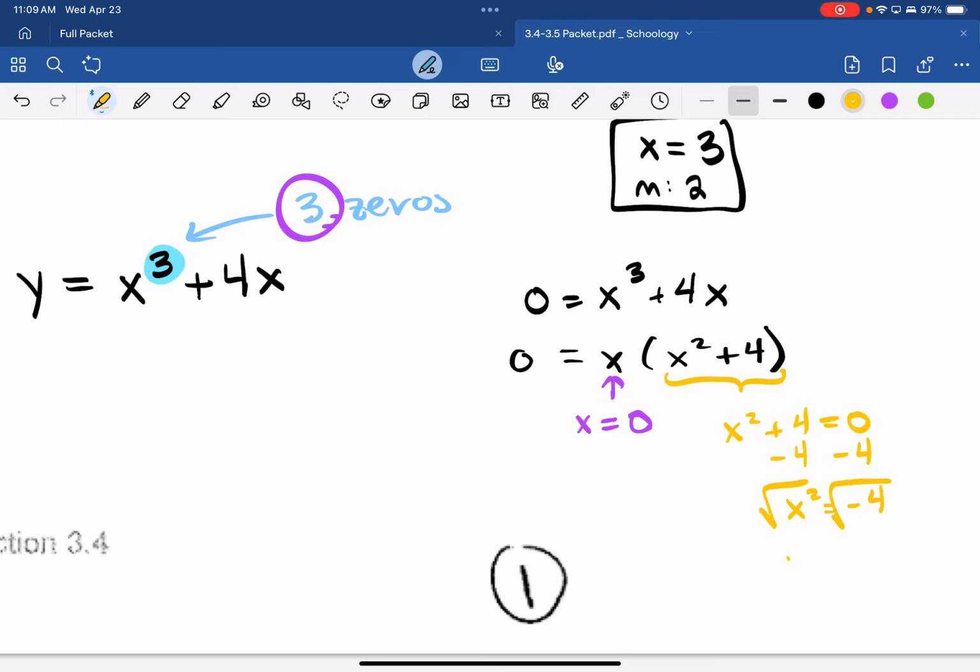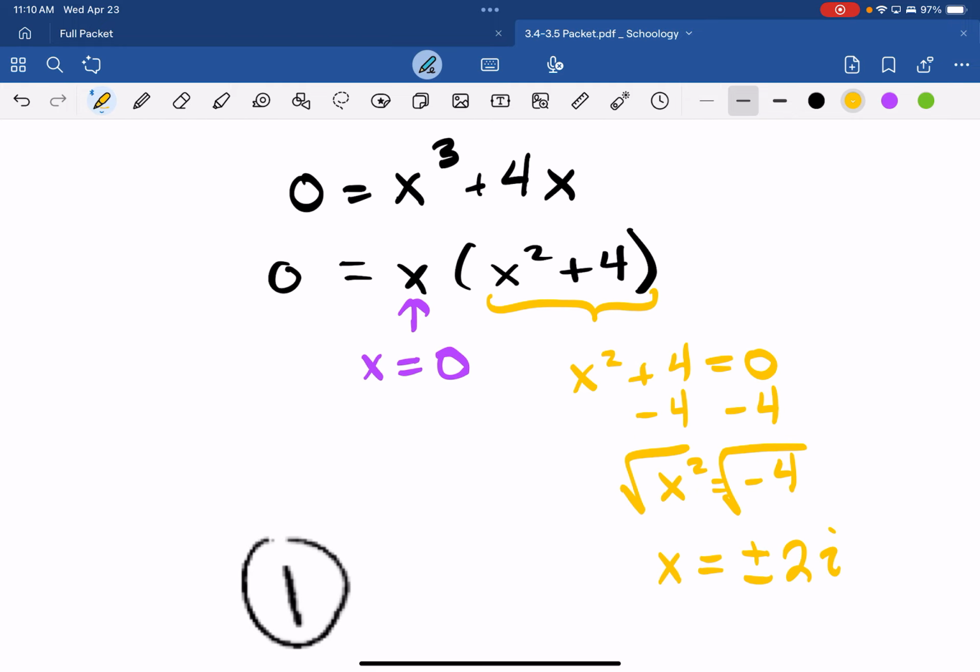I square root both sides. And so here we have our first imaginary number, because I can't take the square root of a negative and have a real solution. If I take the square root of a negative number, I have to incorporate my imaginaries. Okay? Here's where my second 2 zeros come into play. Okay, I've got that plus or minus going on in there.